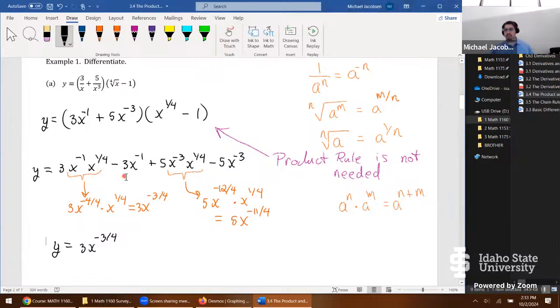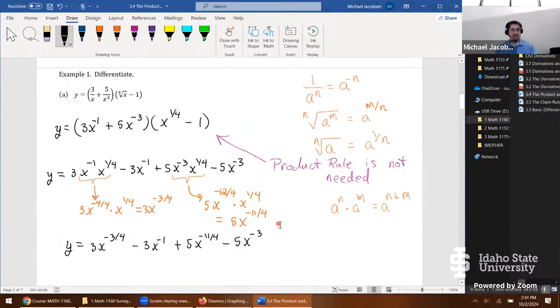Next, over here, minus 3x power negative 1. On this one, we simplified and got plus 5x power negative 11/4. And finally, just copy on this one, minus 5 x to the power of negative 3. That's a lot of work for that step. Any questions, folks, so far?